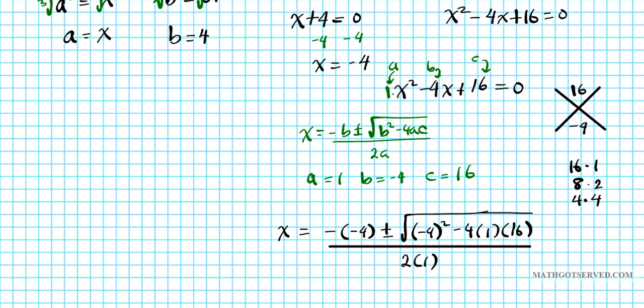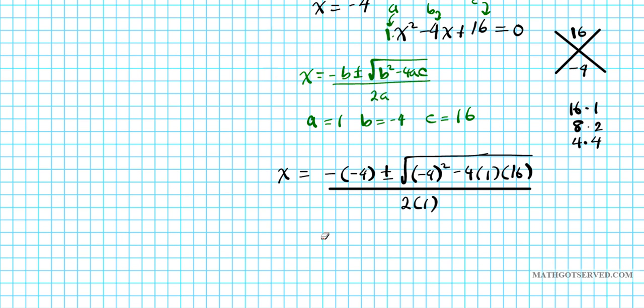All right, so let's simplify this using the order of operations. We have positive 4 plus or minus the square root of negative 4 squared, which is 16, minus 4 times 16, which is 64, divided by 2. All right, let's keep on reducing that.